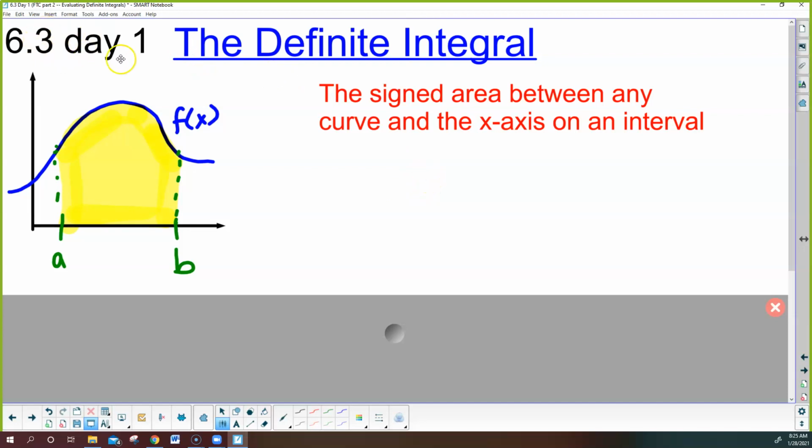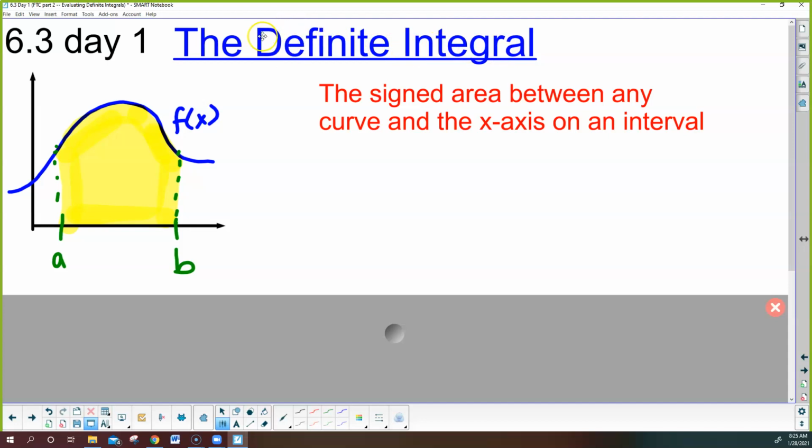Okay, so just a quick sketch. If I had a blue function here, f of x, that isn't a linear model or anything made up of straight, friendly lines, I couldn't really use geometry to find the area under this curve. So what could I do? Well, this is where the definite integral comes in.